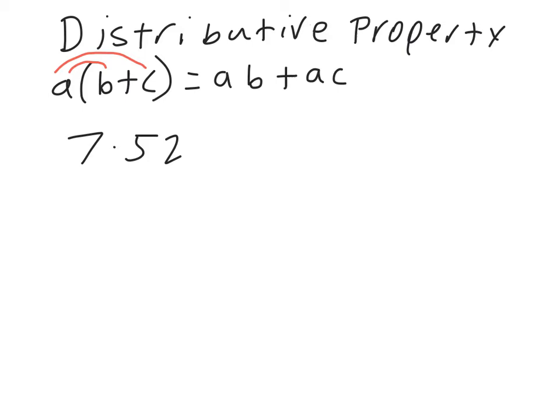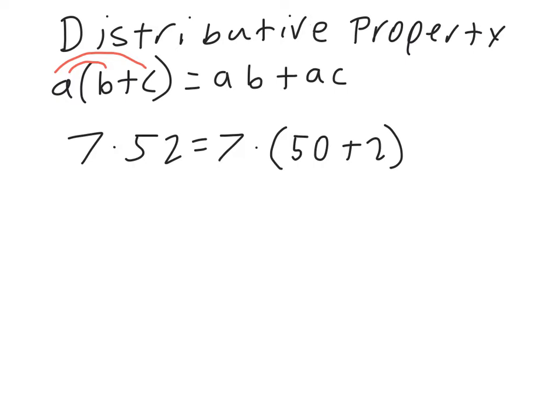So we still take 7 and it's being multiplied, but we want to change 52 into easier numbers that we already know how to multiply by 7 pretty quickly. So let's say 50 and 2, because 50 plus 2 is 52.